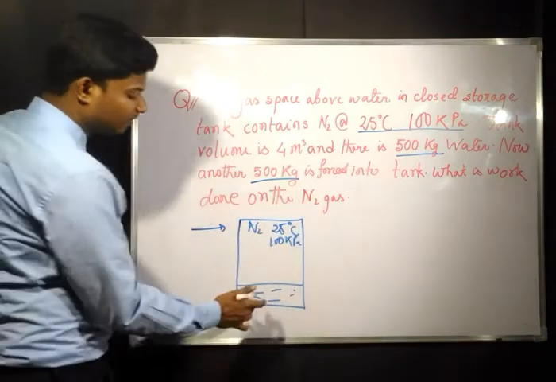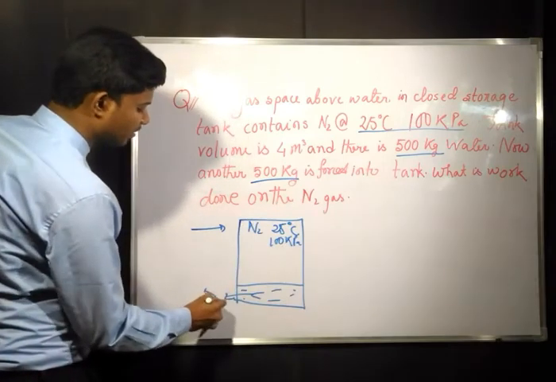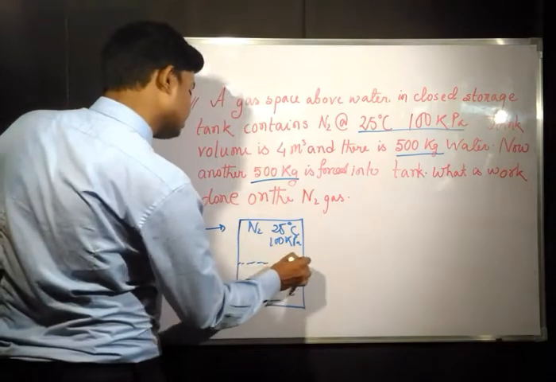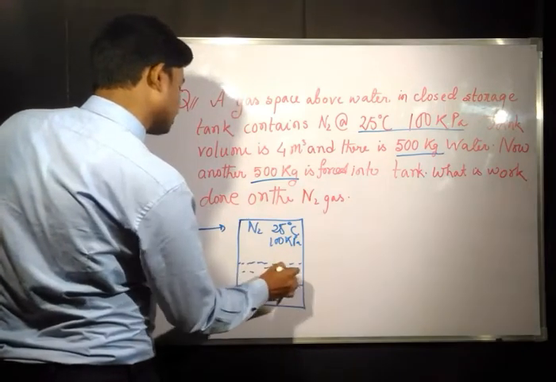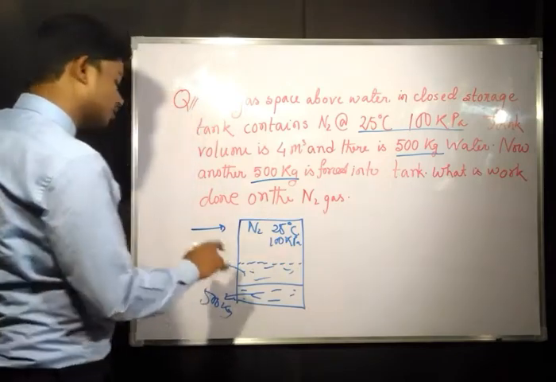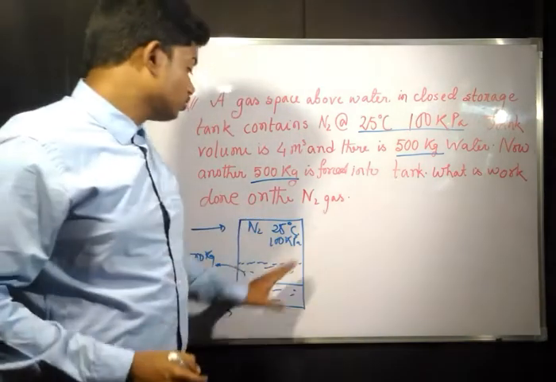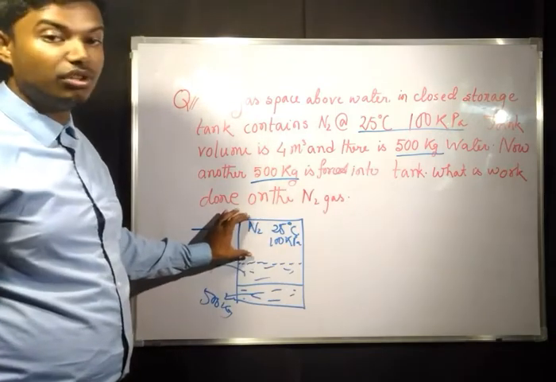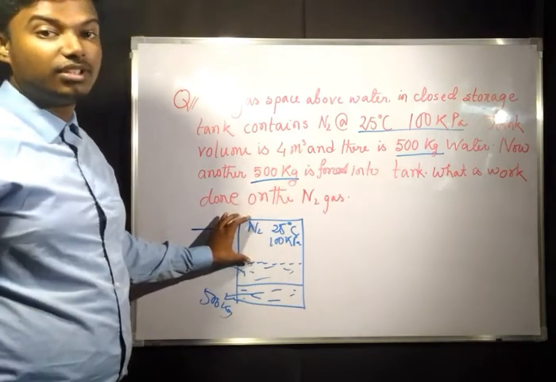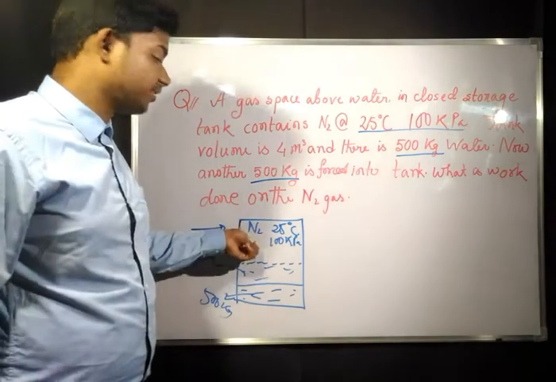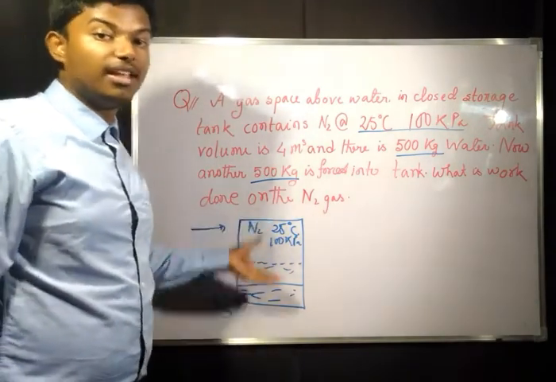Now they have forced another 500 kg of water here. Obviously, if you force more water in, there will be a decrease in the volume of nitrogen. As there is a decrease in the volume of nitrogen, obviously some work has been done on the nitrogen gas.